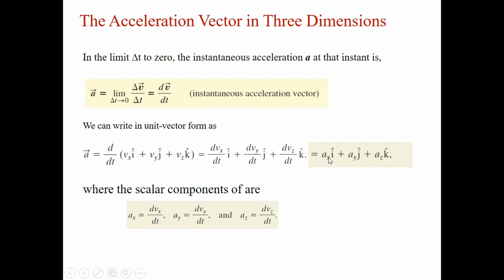Acceleration along the x-axis is ax, acceleration along the y-axis is ay, and acceleration along the z direction is az. So in scalar form, ax is dvx over dt, dvy over dt is the acceleration along the y direction, and dvz over dt is the acceleration along the z direction.